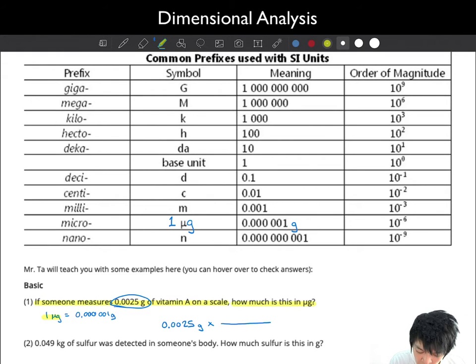If we're starting with grams in this work, then we have to write grams on the bottom as well. The only thing that has grams in our relationship is 0.000001 grams, so we write this part on the bottom.